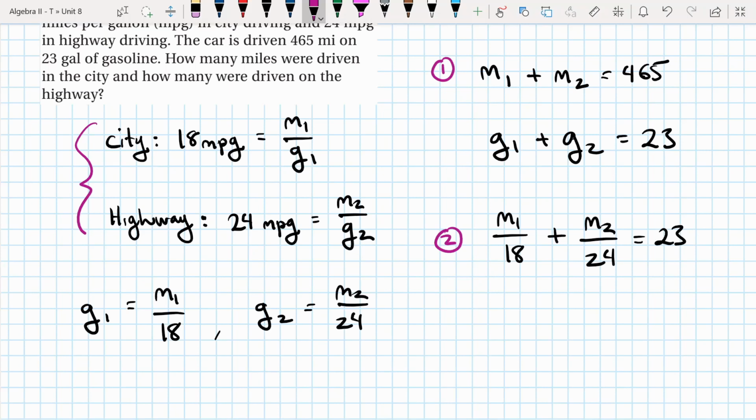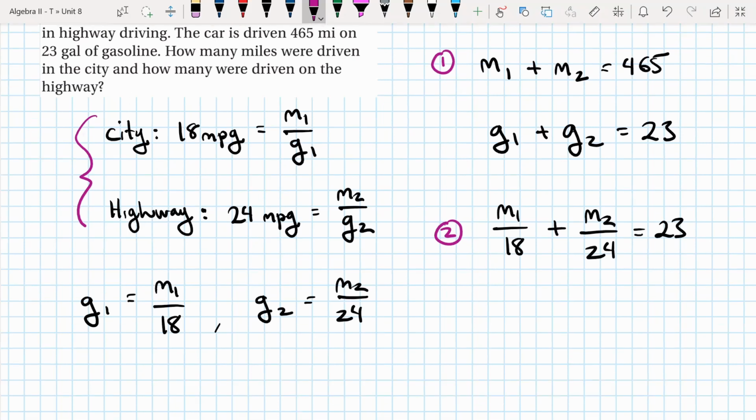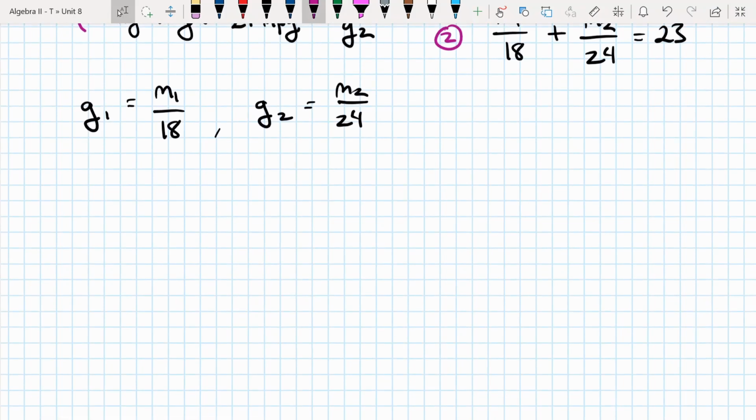I think a method of substitution will be the easiest method to use here. Let me just rewrite these two equations down here. So we want to solve this system of equations, and then that will be it for this video. So here's our first equation, and then here's our second equation.